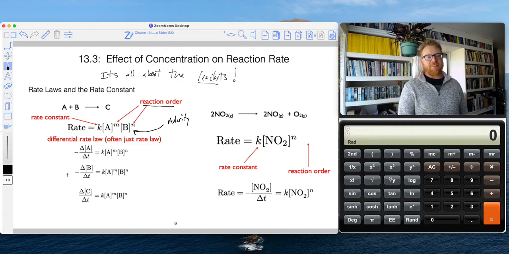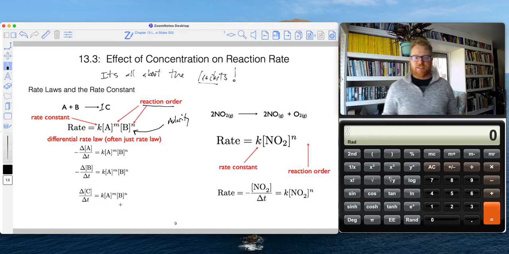B has the same stoichiometry, so negative delta B divided by delta t equals the same thing. Because the coefficient is 1 for C, as well as B and A, all we do is change the sign. So delta C divided by delta t equals this rate law.